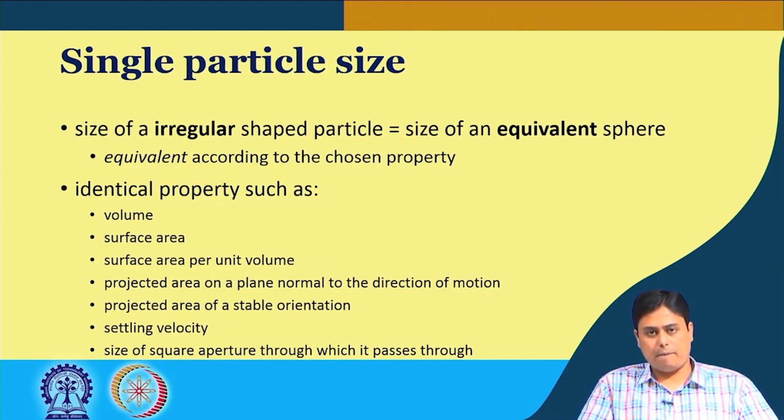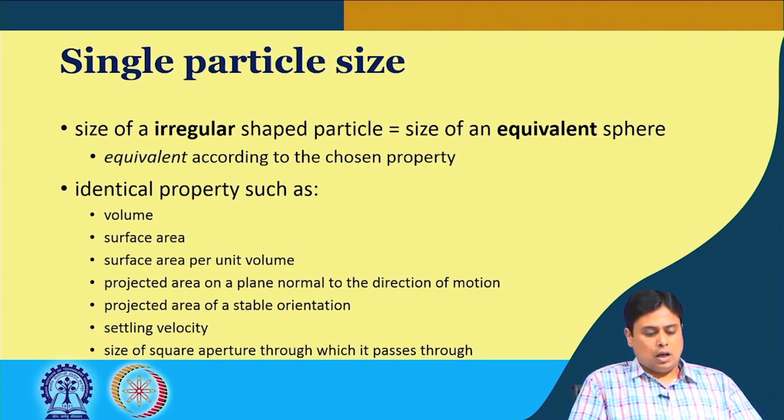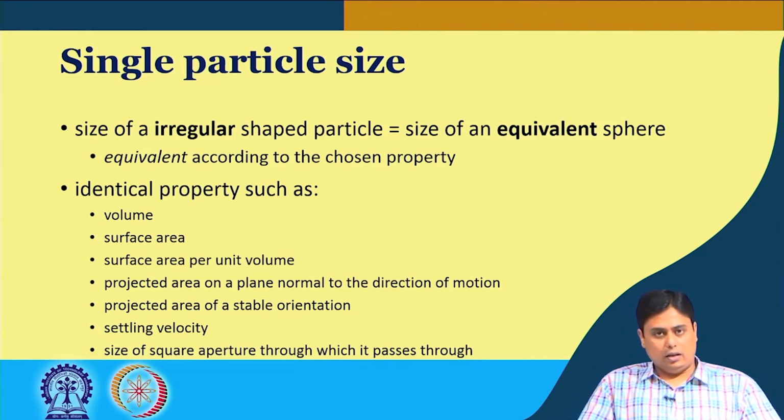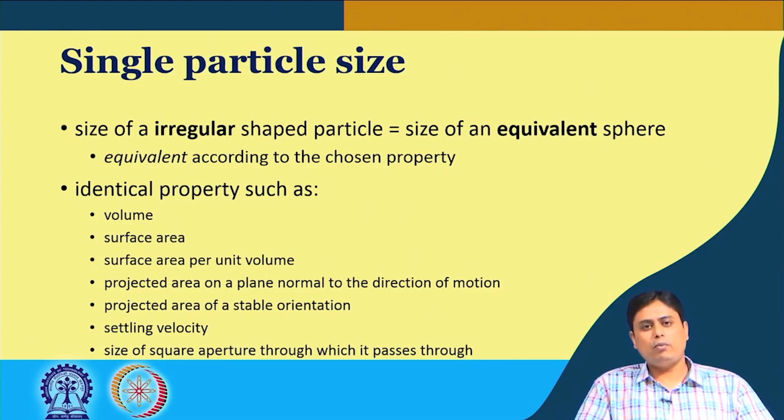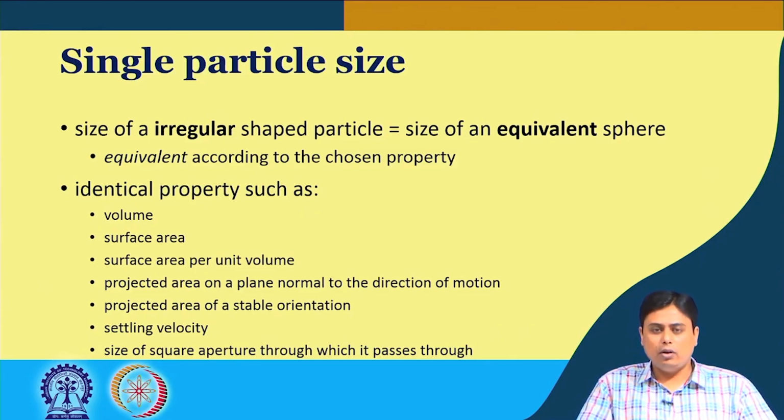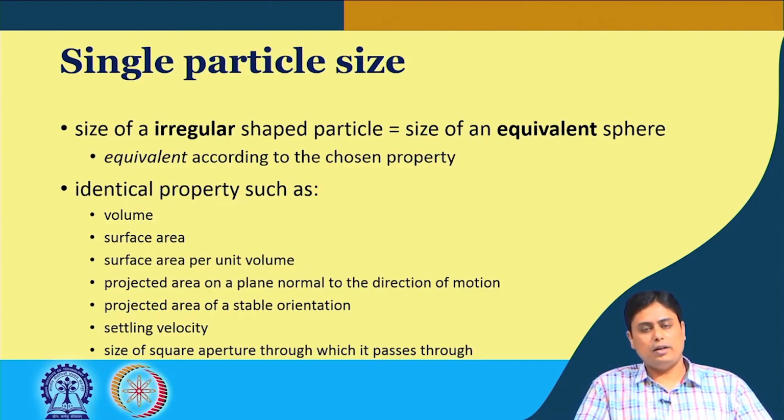So a simple irregular shaped particle can be represented by various numbers depending on the property you choose to make it equivalent with a sphere. That is why, whenever we define the size of an irregular shaped particle, we have to tell what it is: either the equivalent volume diameter of a sphere, or the identical surface area of an equivalent sphere.